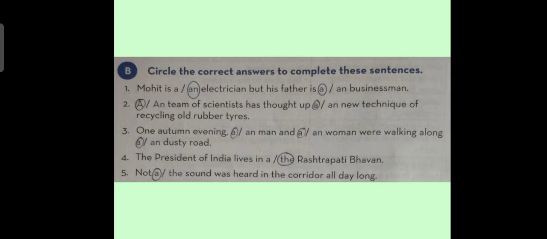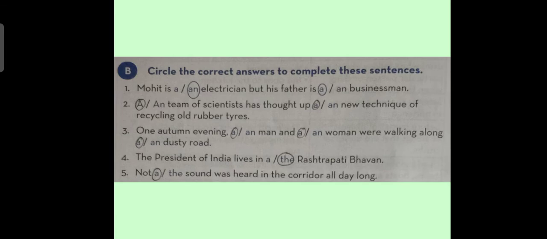Sentence number 4. The President of India lives in a or the Rashtrapati Bhavan. We will circle the because Rashtrapati Bhavan is a definite thing. So we will use the definite article the. Sentence number 5.